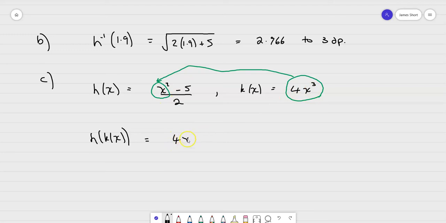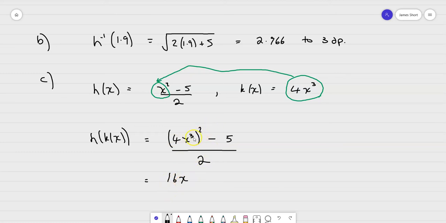So it's 4x cubed in brackets, squared because this x is squared, minus 5, divided by 2. Let's simplify this. Squaring the 4 becomes 16.